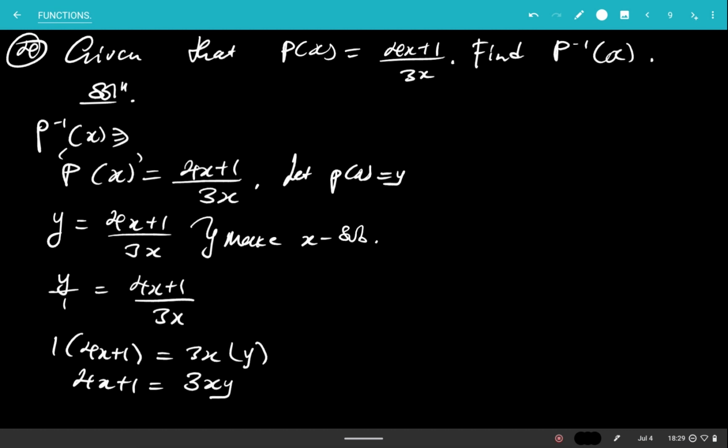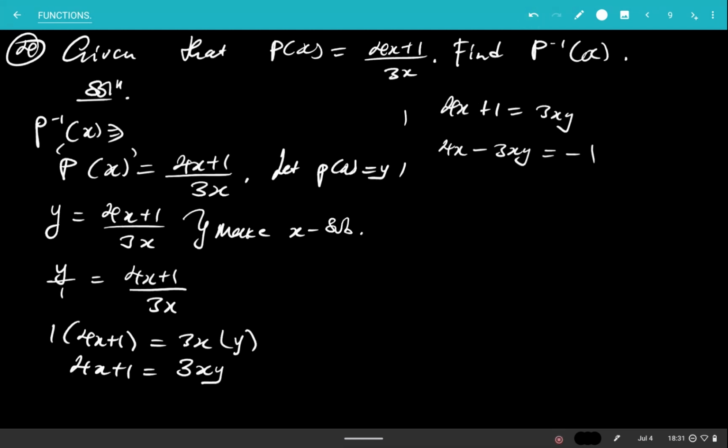Remember now we're looking for the value of x. So having 4x plus 1 being equal to 3xy, all I can do is to put the x's on one side of the equation. So you have 4x, this will go the other side, and you have minus 3xy. And now the plus 1 will go the other side, and you have is equal to minus 1. So now that you have this, you can factor out the x, and you have x. If you pull out the x from there, you have 4 minus 3y.